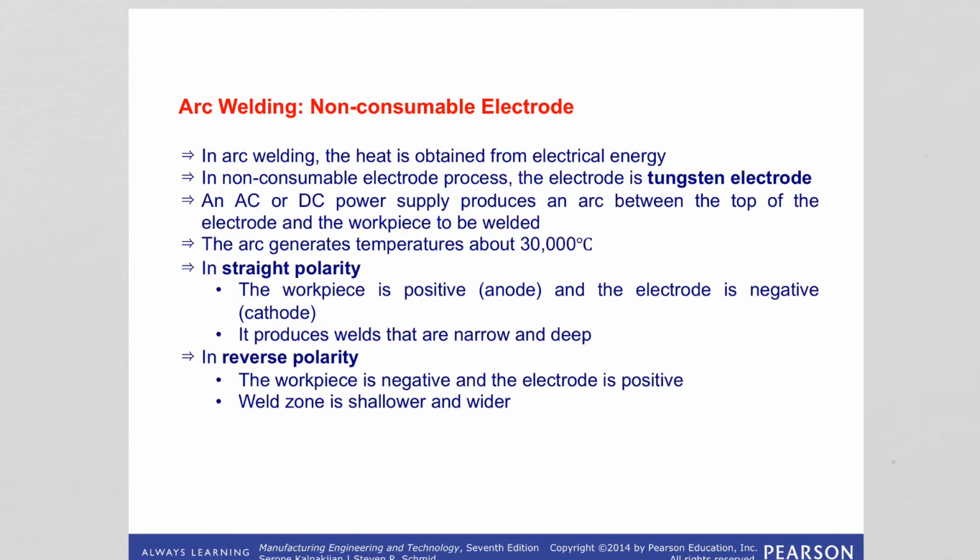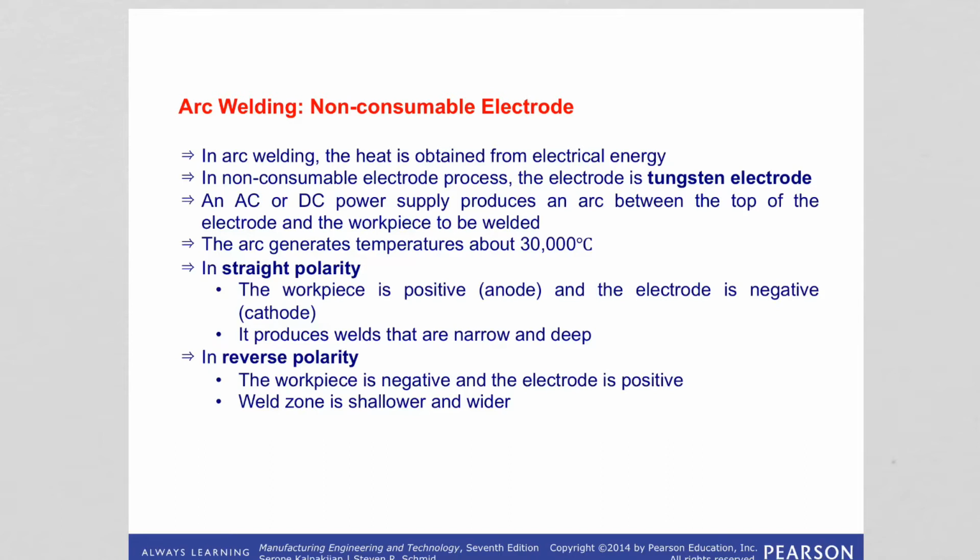Now, so we have seen oxy-fuel gas welding, and now we're gonna see arc welding process. In this case, the heat required comes from electrical energy. So in the case of non-consumable electrode, as the name implies here, we use a non-consumable electrode, like in this case it is tungsten electrode.